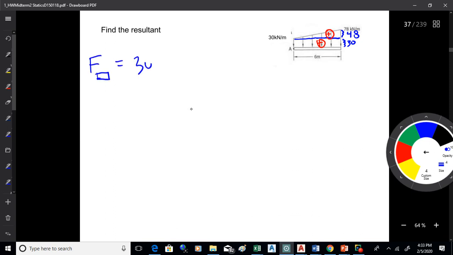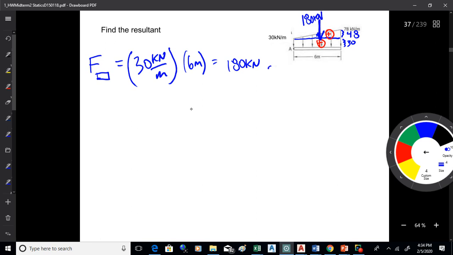Just 30 kilonewtons per meter. I like to track units through these because they do work out. Then I multiply that by the 6 meters, and that gets me 180 kilonewtons. That is the force right there at the centroid of the rectangle.